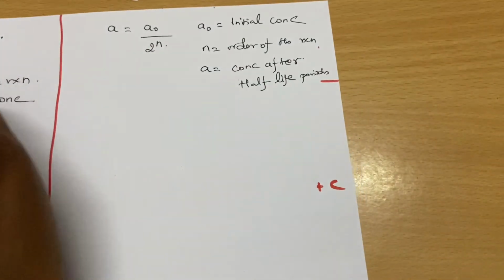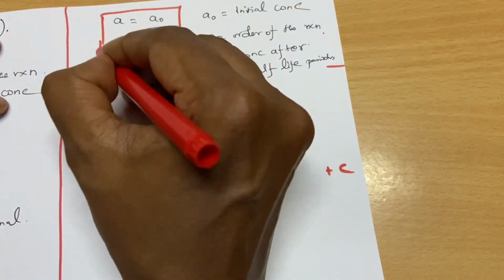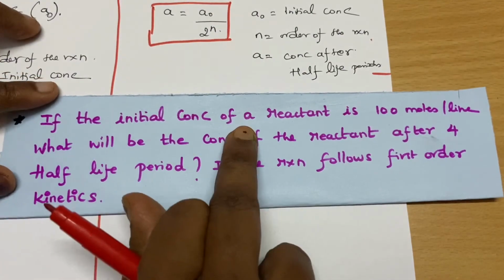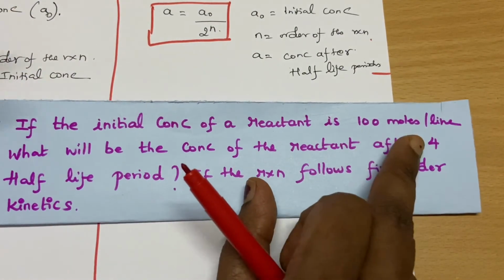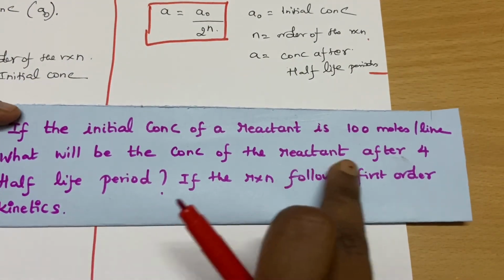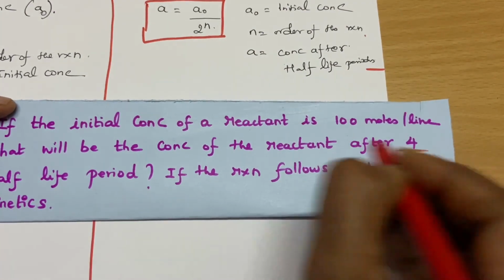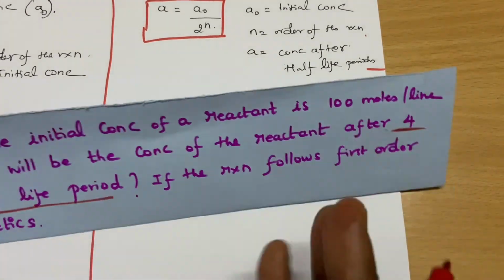See what it is for. If you see questions like this: if the initial concentration of the reactant is 100 moles per liter, what will be the concentration of the reactant after 4 half-life periods, if the reaction follows first order kinetics?